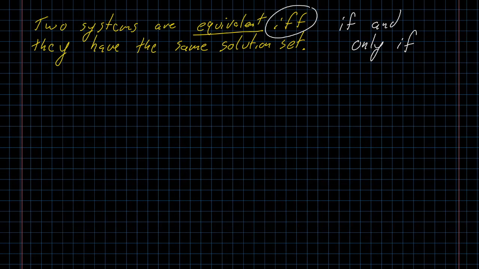If we know that the systems are equivalent, then we know that they have the same solution set. And if we want to claim that systems are equivalent, we can do that by showing that they have the same solution set.